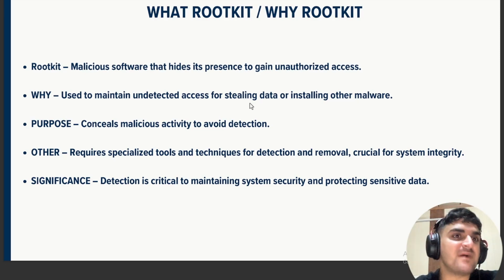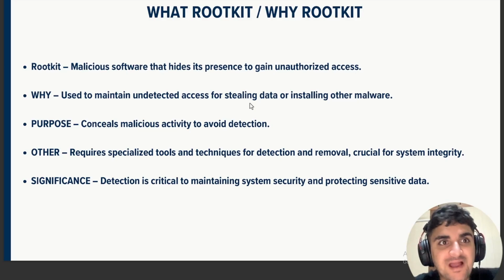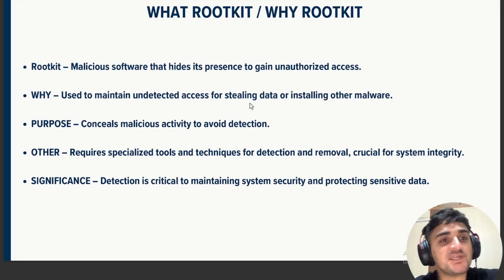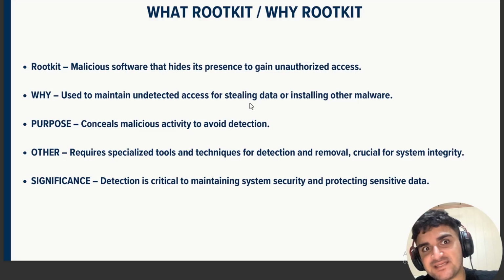If you're infected by a crypto miner, you may notice that your computer is slower than before. But for a rootkit, you don't have any kind of symptoms. Actually, a rootkit is used to maintain undetected access for stealing data or installing software.